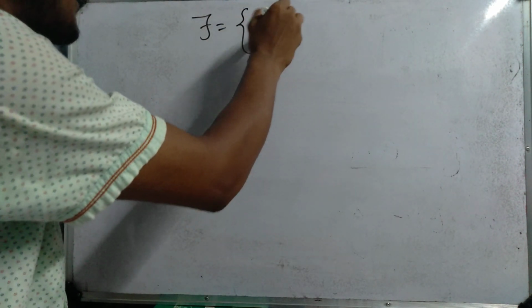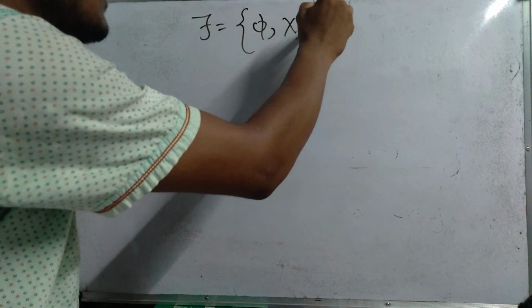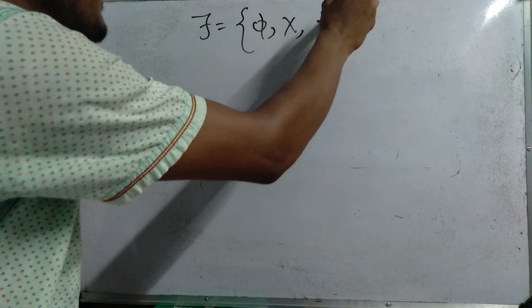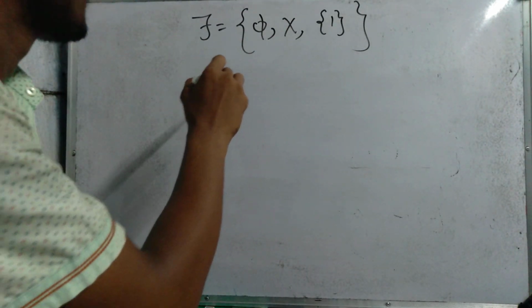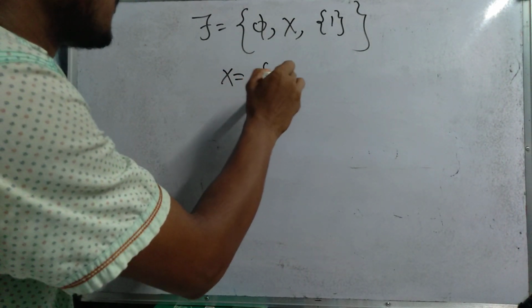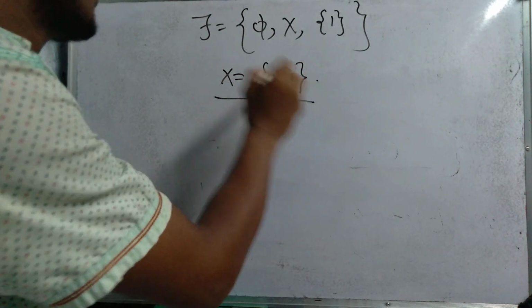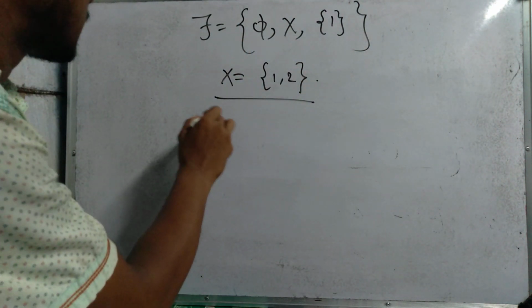But after all, before going to the lemma, first we discuss some more examples. More examples means we construct a topology which is phi, x, 1. Okay, here x equal to 1, 2. For this topology we find a basis.